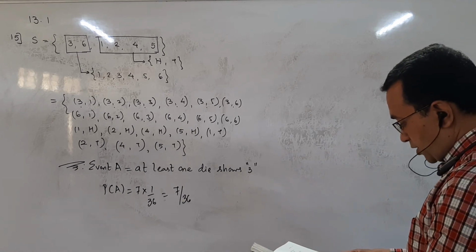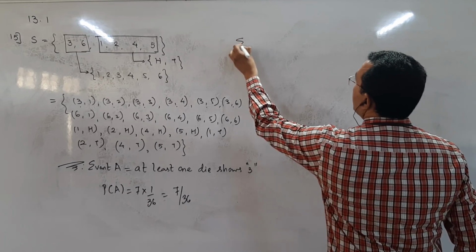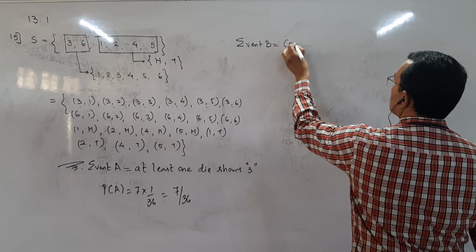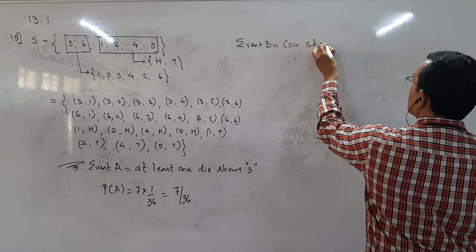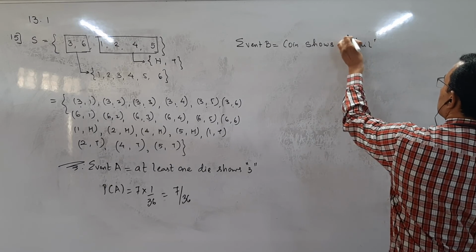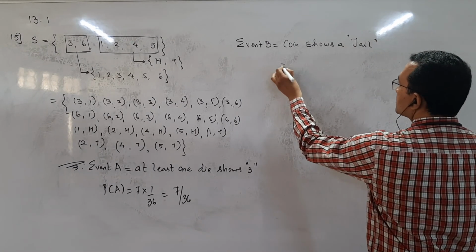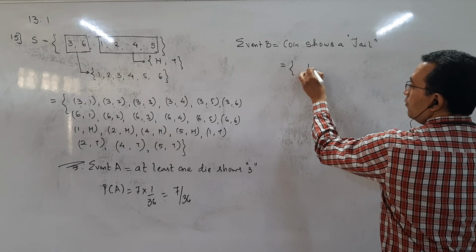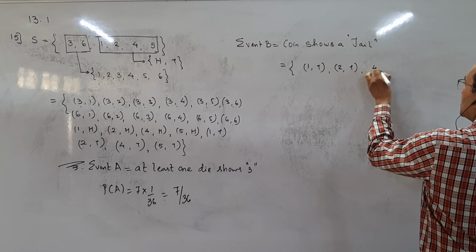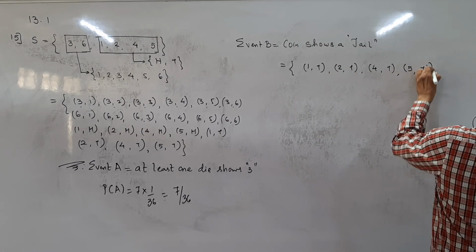Then what is the conditional probability that the coin shows a tail? Event B: coin shows a tail. Now if the coin shows tail, it means I have to write 1T, 2T, 4T, 5T.